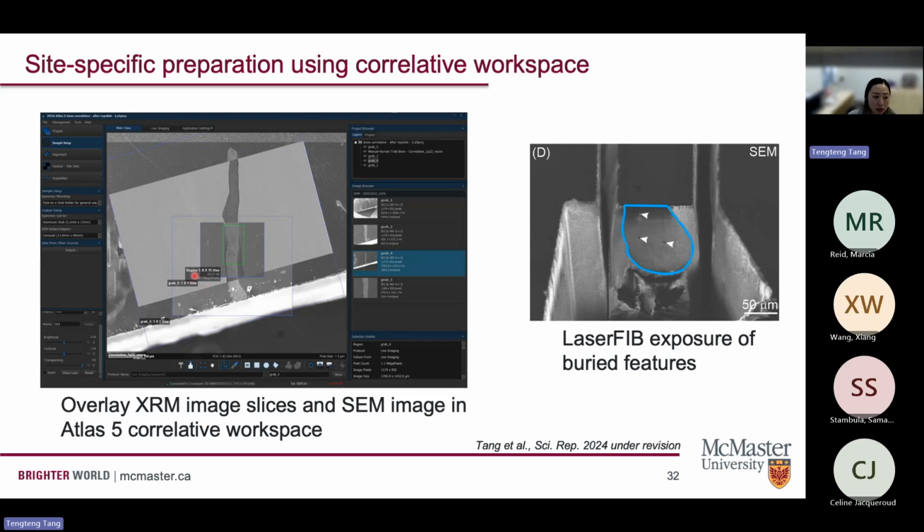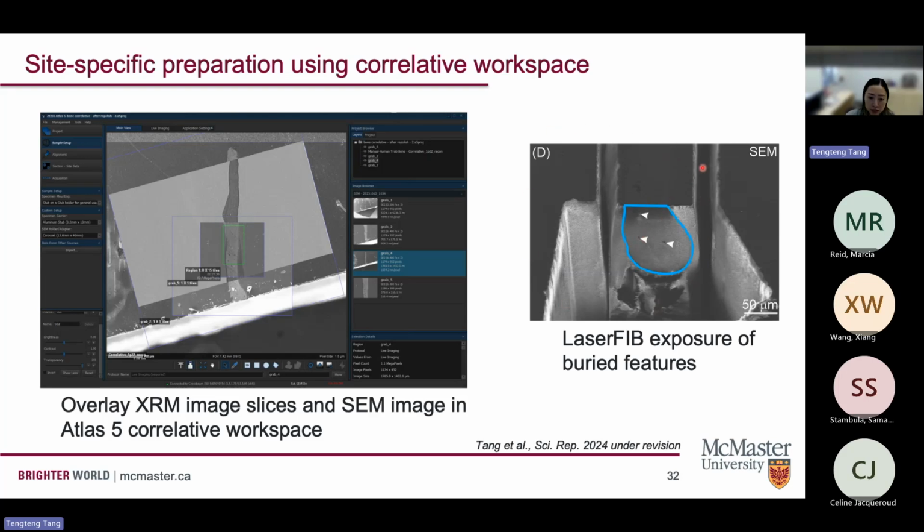We can directly register those imaging data together. What's really critical about this step is that because we can overlay the two different imaging data sets, and particularly the XRM data is performed in 3D, we can really decide where to start the milling process and what the field of view is in terms of laser FIB preparation.